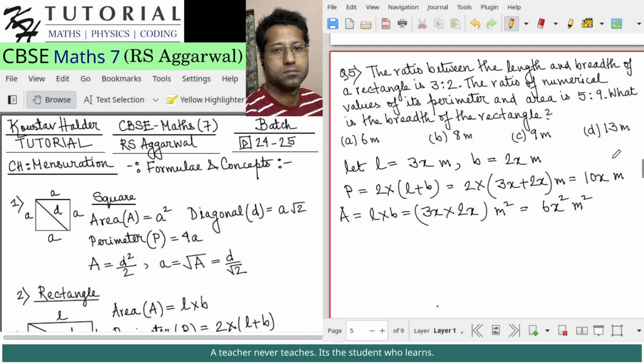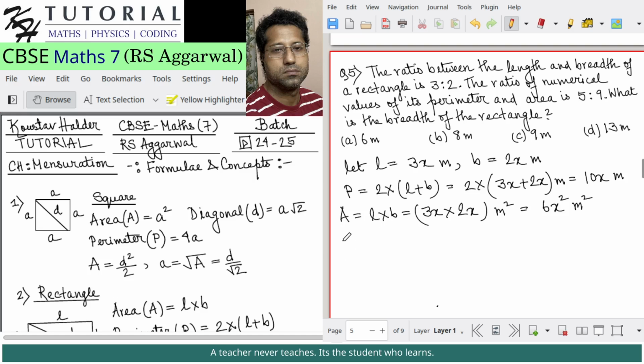But perimeter and area are not of the same kind, and therefore their units are also different. That is the reason the problem is saying the ratio of numerical values. It is only saying that the ratio of only the numerical values of perimeter and area is 5:9.